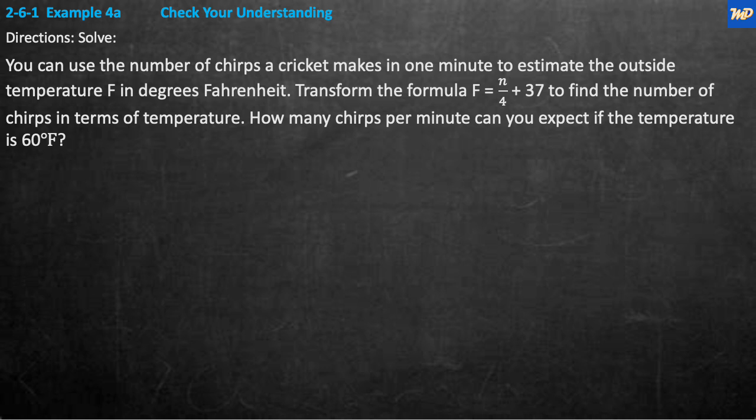So in other words, how many chirps per minute can you expect if the temperature is 60 degrees Fahrenheit? So the first thing you're going to have to do is probably do some manipulation and then come up with your solution, right? So why don't you go ahead and do it? This is check your understanding. Why don't you solve this, stop the video, and then come back and we'll look at it together.